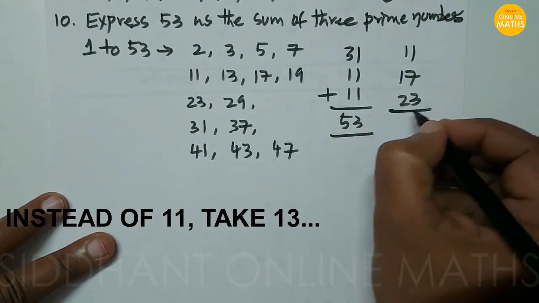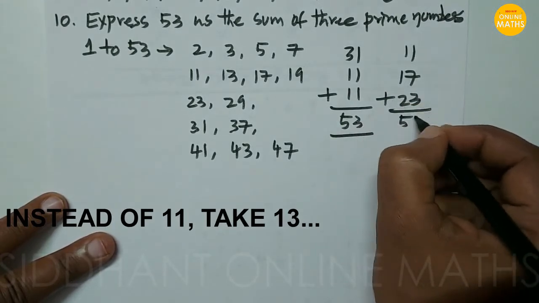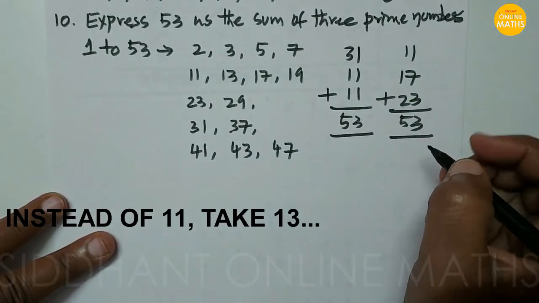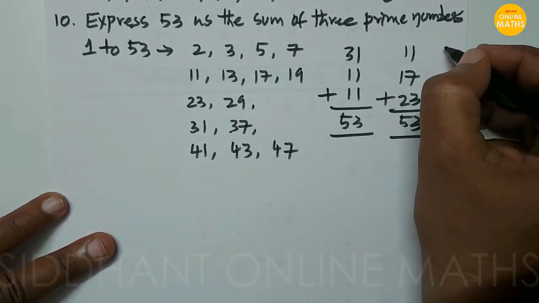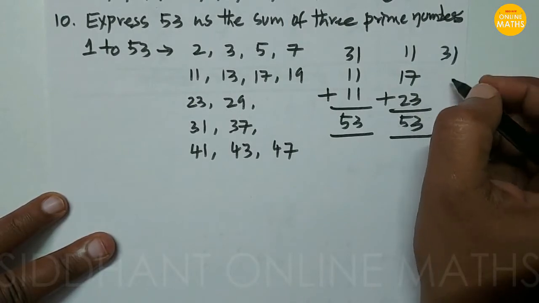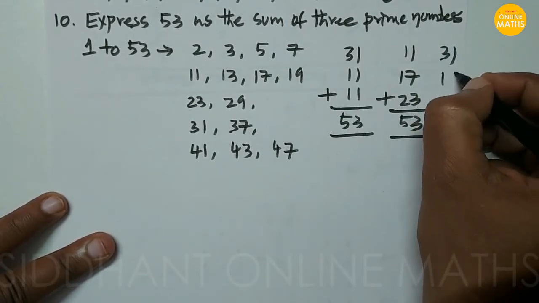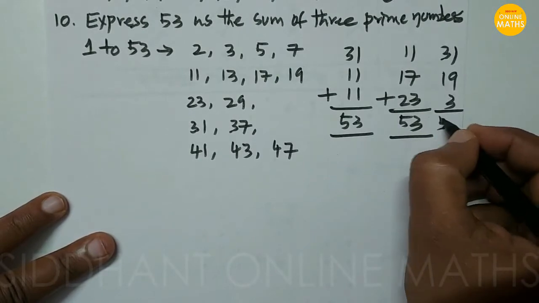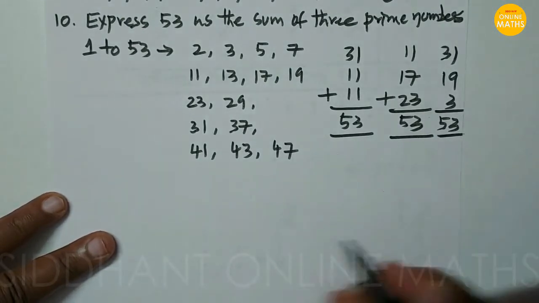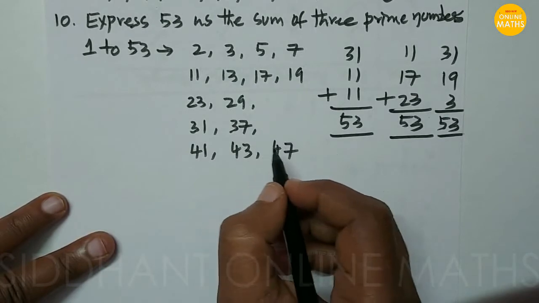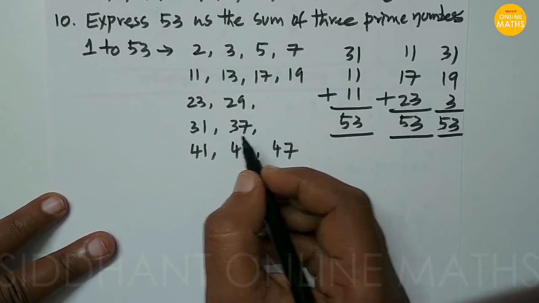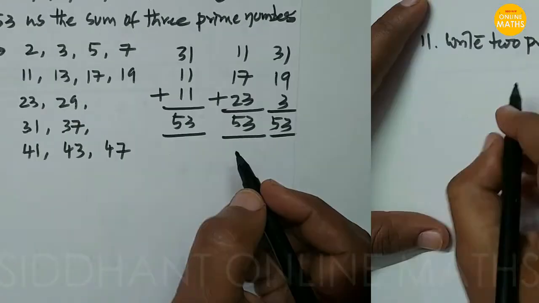When you add, you get a pattern, and the total is 53. Next we take 31, then 19, and after that 3, and we get the sum 53. In this way, just shuffle the numbers and see whether the total is 53 or not.